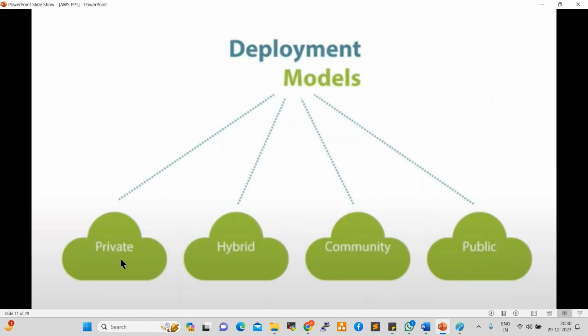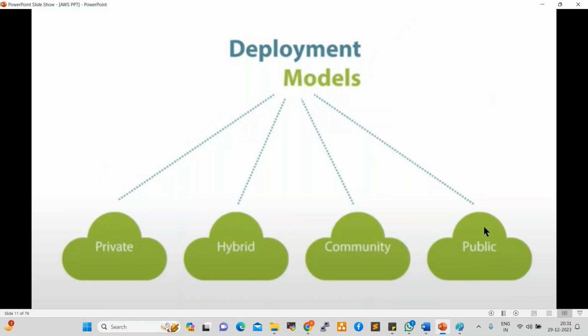So we can use our local servers here. Public cloud, what is public cloud? Public cloud is AWS cloud, Azure cloud, Google cloud, right? Next one is hybrid cloud. What is hybrid cloud? It is a combination of private and public.